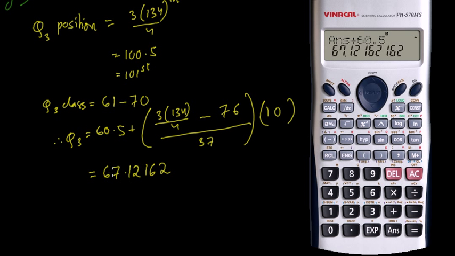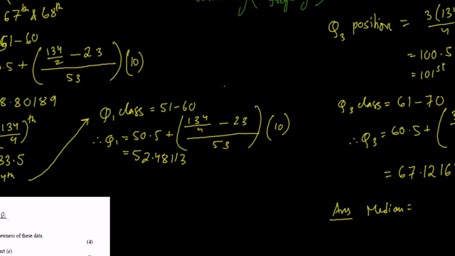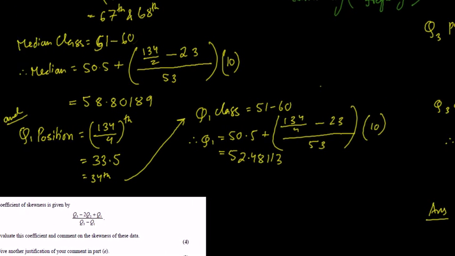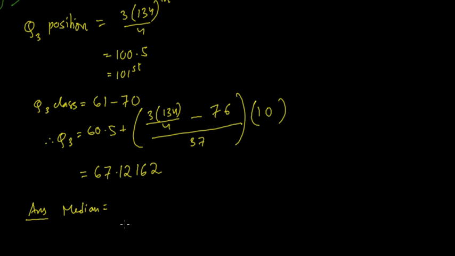You should have an idea of whether it is right or wrong by looking at this. Q3 should be between 61 to 70, and it is. At the end you restate your answer. The median was 58.80189.